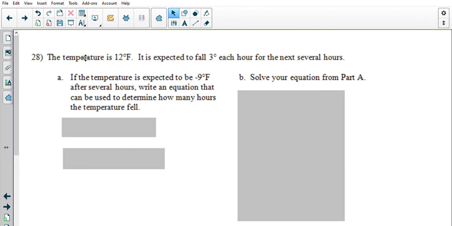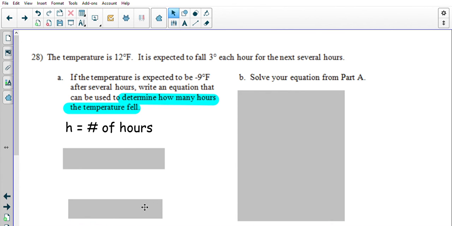So let's identify our unknown. In this problem, we are asked to determine how many hours the temperature fell. So I'll define a variable h. H equals number of hours. Now, what do we know? We know that the temperature began at 12 degrees Fahrenheit and it's expected to fall. So that means subtraction, and it's going to fall 3 degrees each hour.